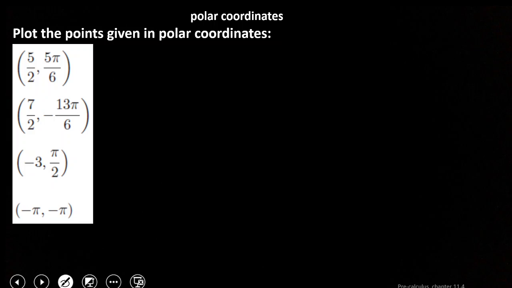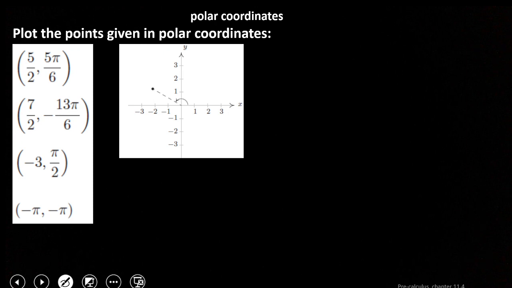Okay, so here are some examples. 5 over 2, 5 pi over 6. So we have to go to 5 pi over 6, right? That's 5 pi over 6. And then since this is positive, that's 2.5. So you go this way about 2.5. That's the point. 7 over 2 and negative 13 pi over 6.